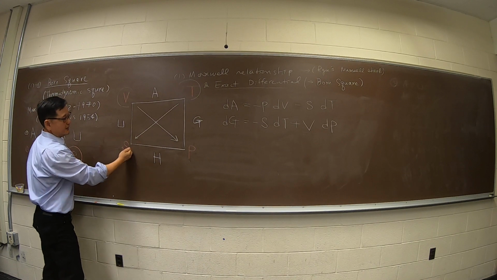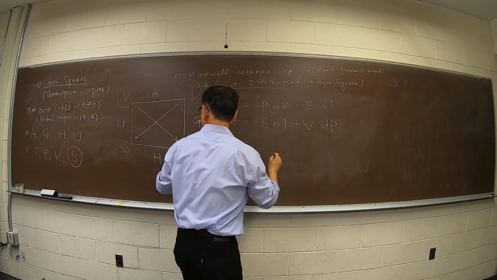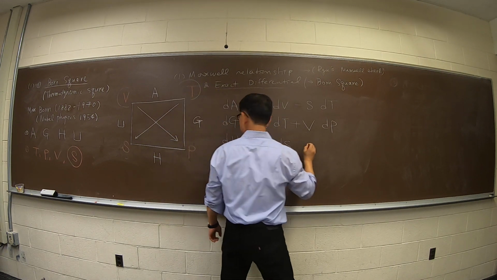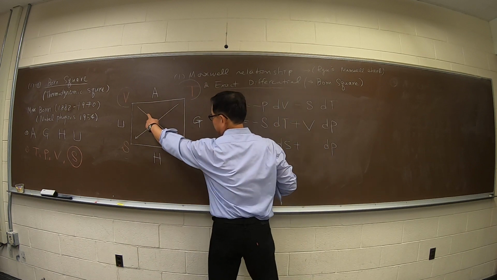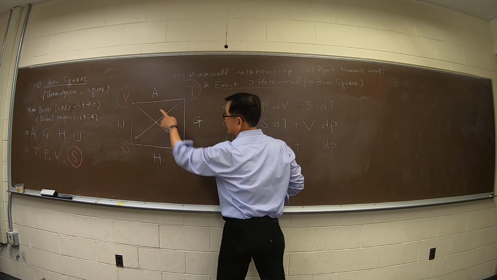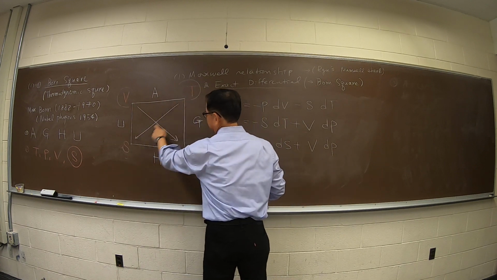So let's do the H, dH. Once again, that's dS, dP. They are following the same direction, so dP needs a volume, positive, and dS needs a temperature, positive.